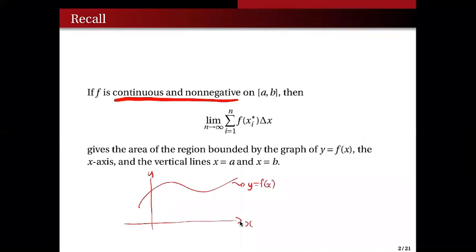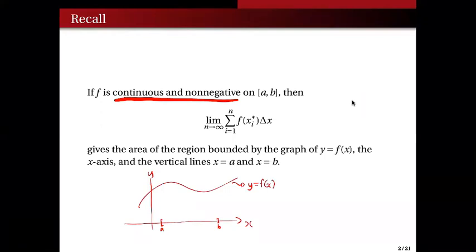Continuous means that, at least intuitively, you can draw the graph of the function without lifting your pen or pencil. The actual definition of a continuous function you may recall from your Calculus 1. Suppose this is your a, this is the b, so you have the interval [a, b] here.